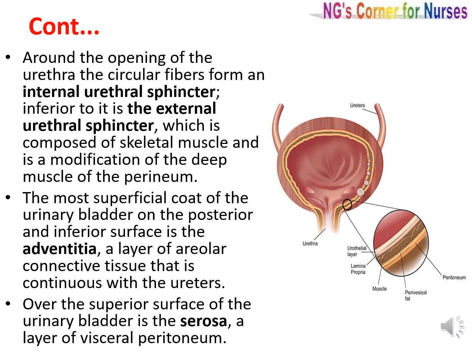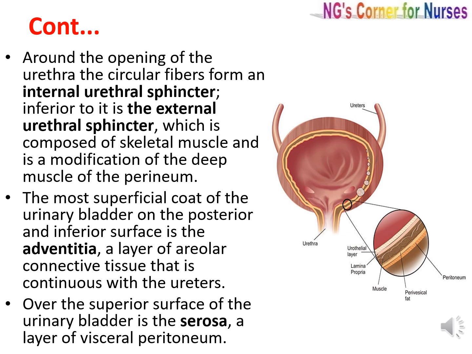Around the opening of the urethra, the circular fibers form an internal urethral sphincter. Inferior to it is the external urethral sphincter, which is composed of skeletal muscle and is a modification of the deep muscle of the perineum.